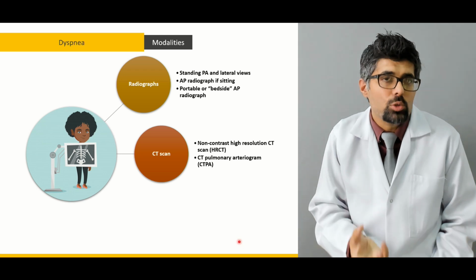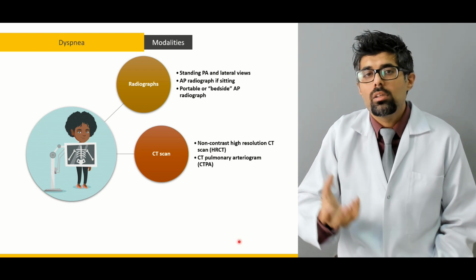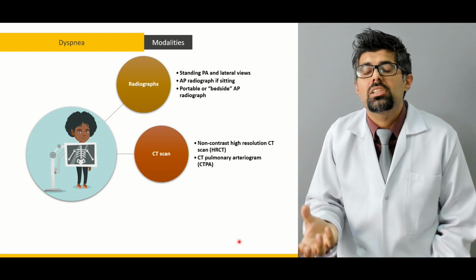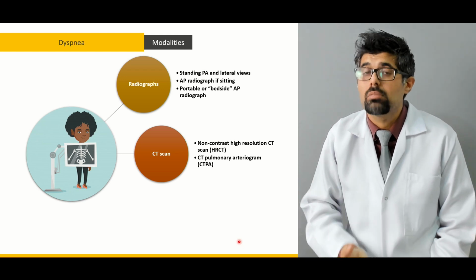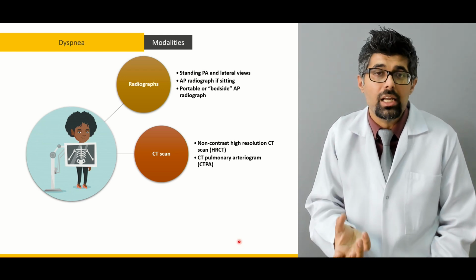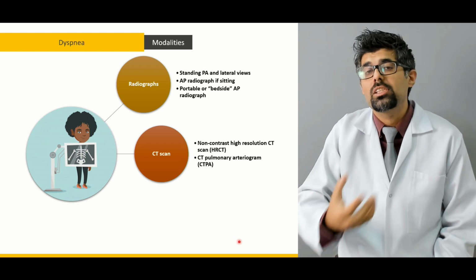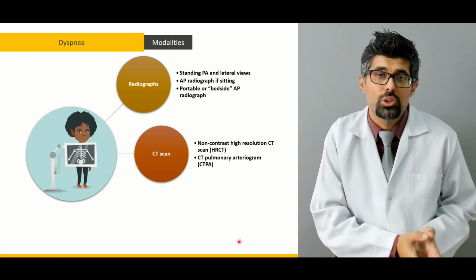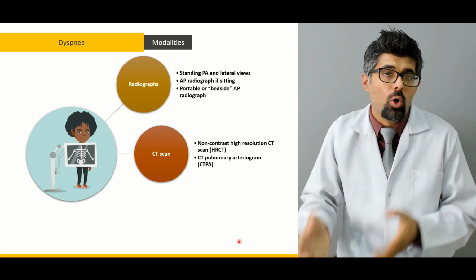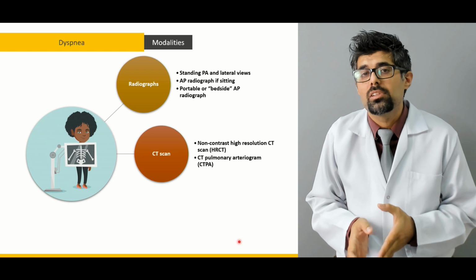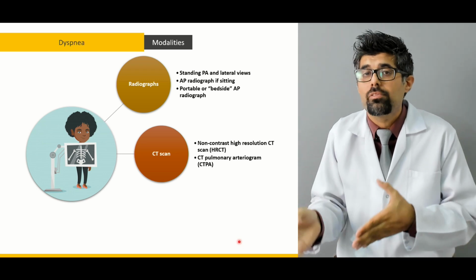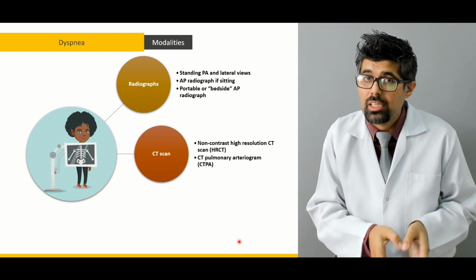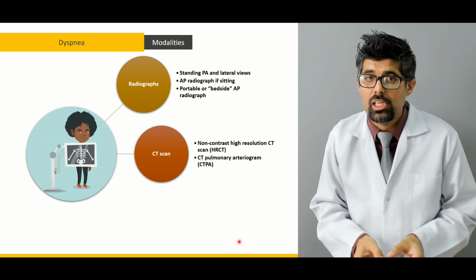And because of their intricacy, the CT scan must have very good sharpness, must have very good detail. All of this sharpness and detail can be achieved with a high resolution CT scan. And all the abnormalities and the differences in the parenchyma of the lung can be detected very, very easily.